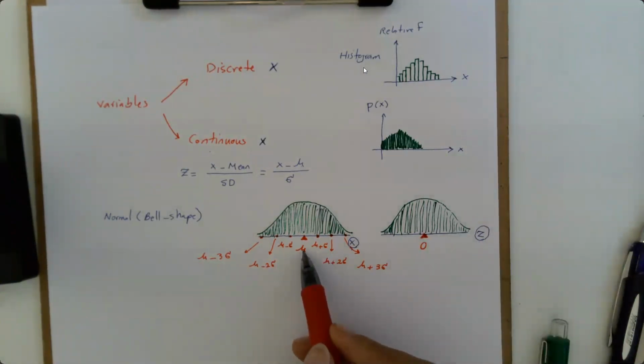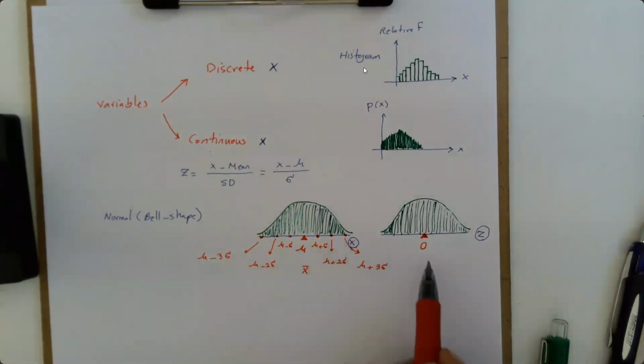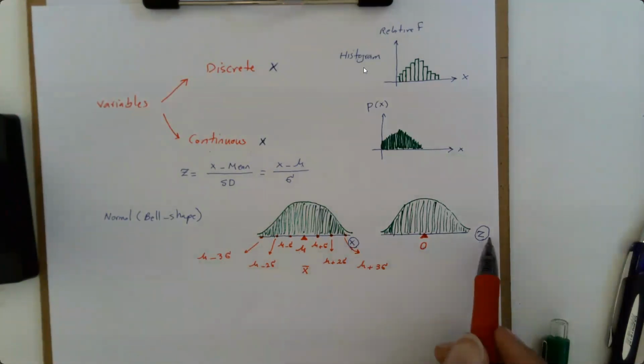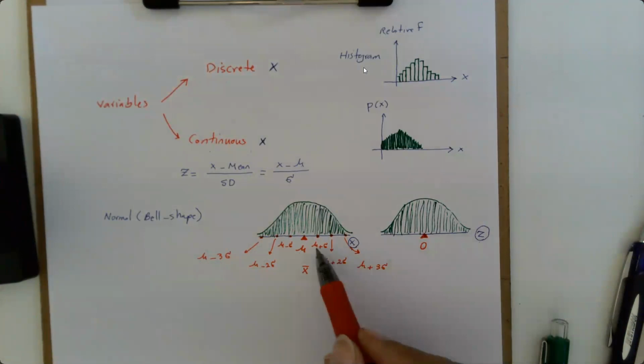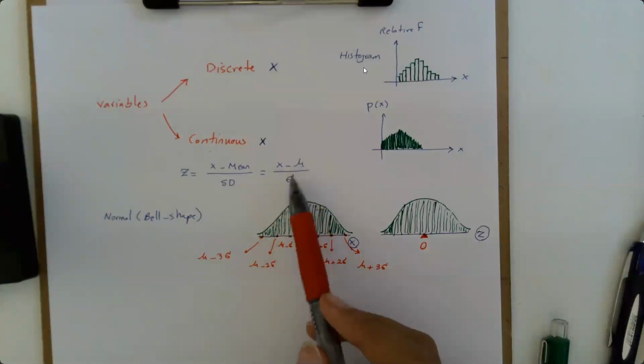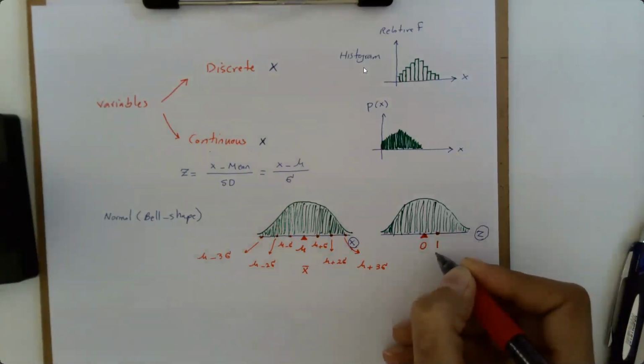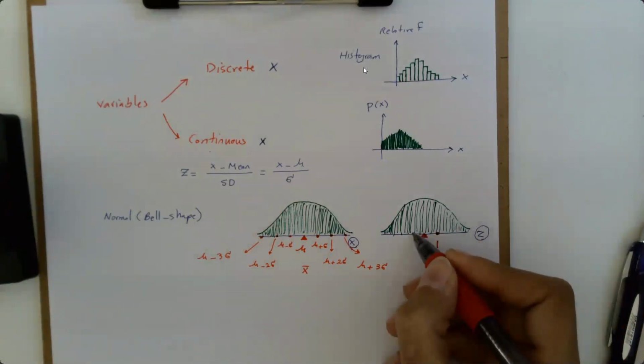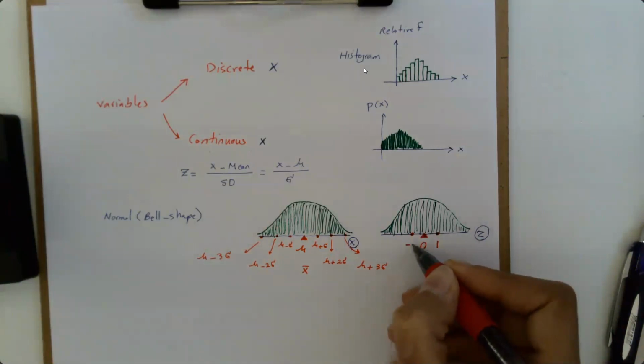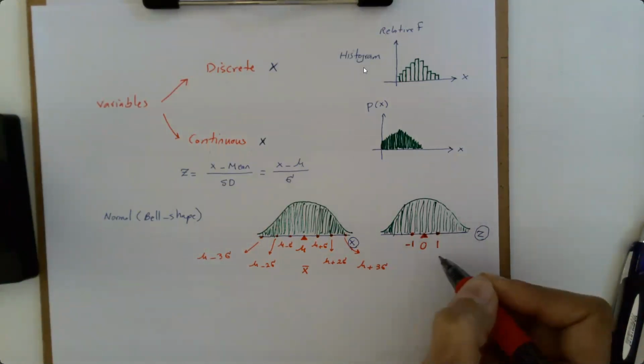Mu for X is now 0 for Z. Well, okay, my mu is equal to 0. So now your X is equal to sigma. Sigma minus 0 divided by sigma is equal to 1. So the next number on the right-hand side of 0 is 1, and the number on the left-hand side of 0 is minus 1.